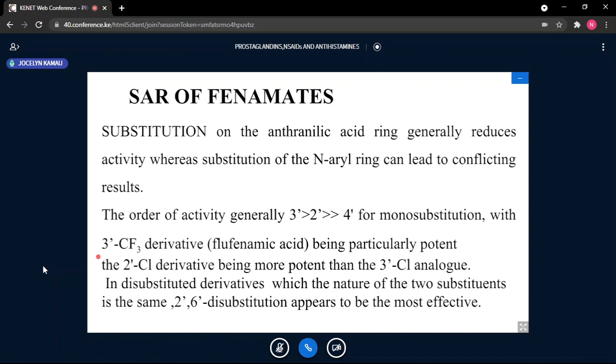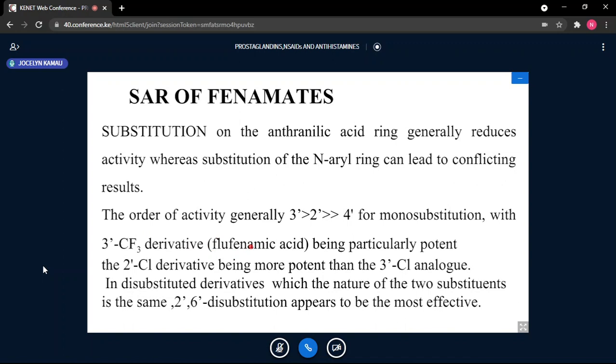These are found through analysis, that is through the clinical trials. You substitute a group, you check on its activity, and it was discovered the 3' trifluoromethyl group was responsible for maximum activity, and so the drug flufenamic acid.